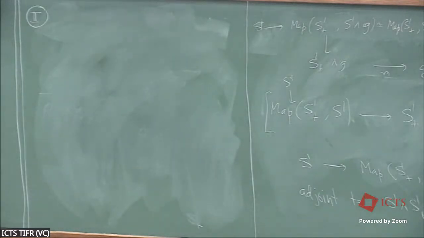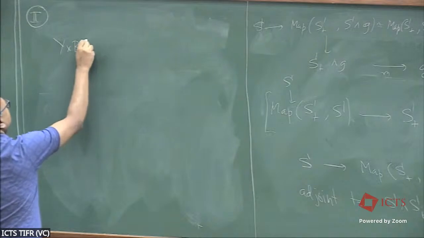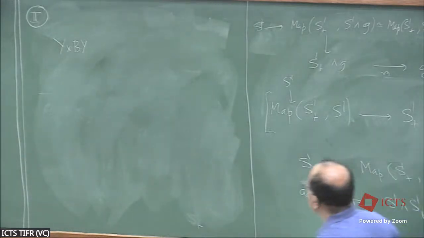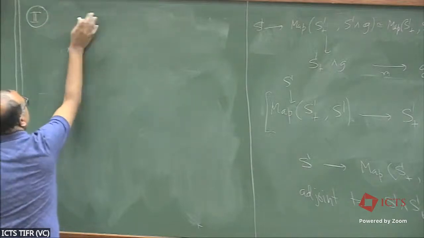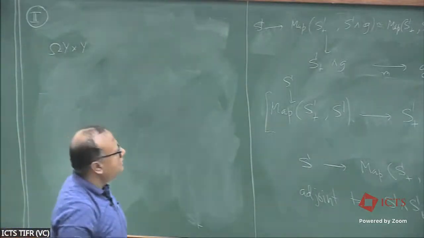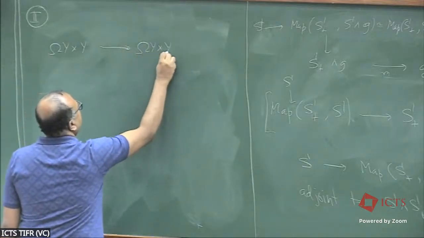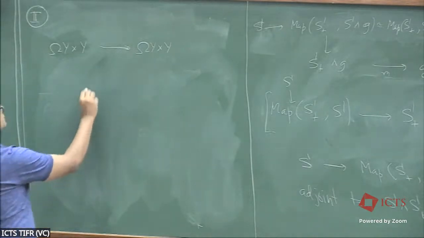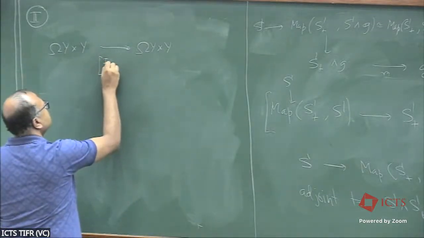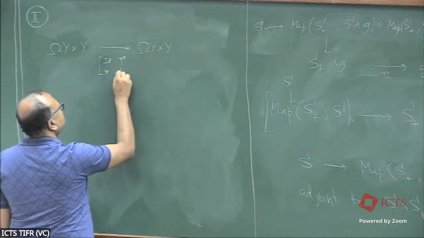I will define a map from omega Y cross Y to omega Y cross Y. And here this will be given by identity, star, eta upper star, identity.